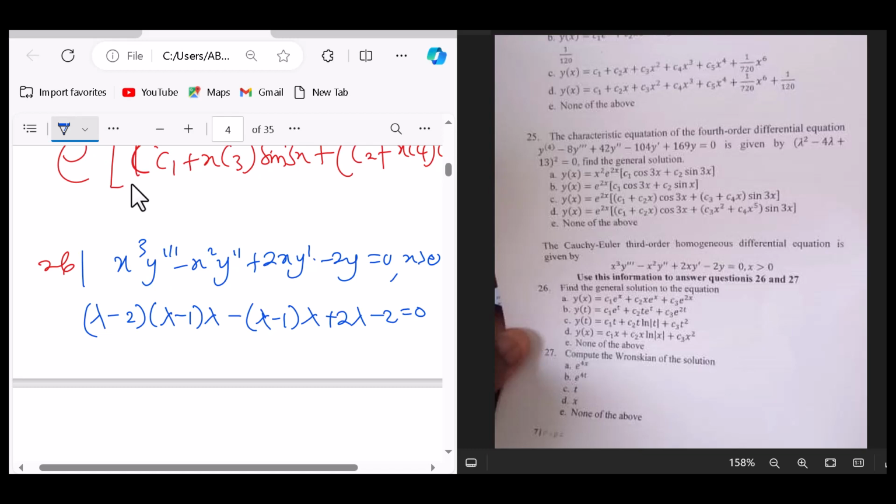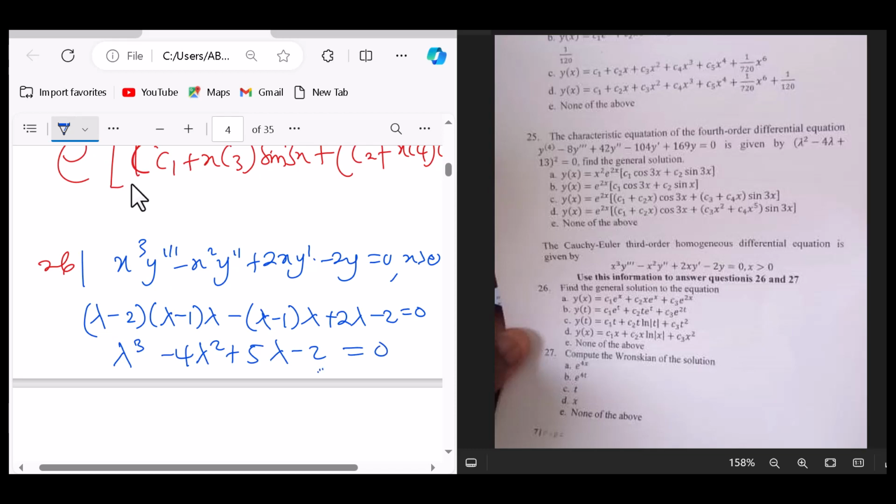If we simplify and do all the expansions, we are going to get lambda cubed minus 4 lambda squared plus 5 lambda minus 2.